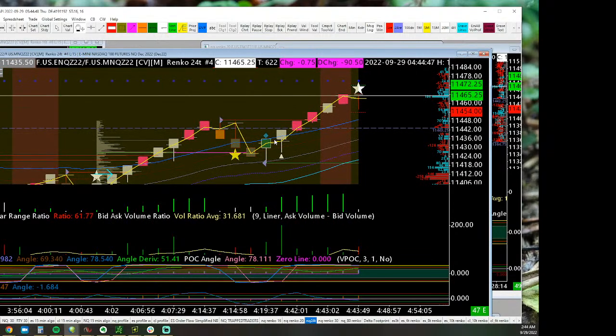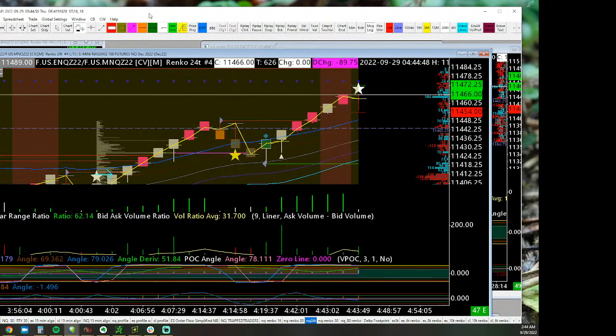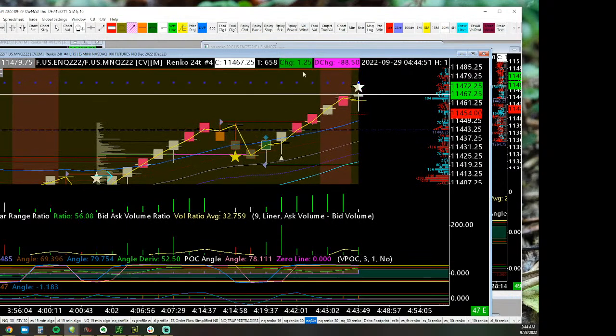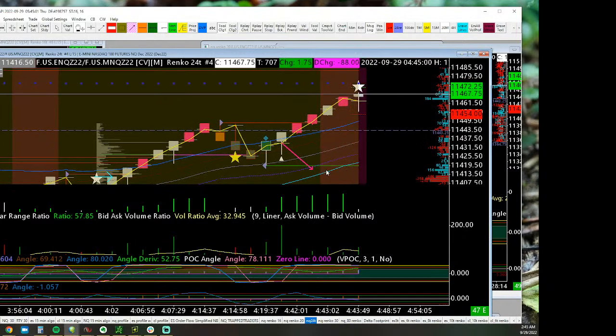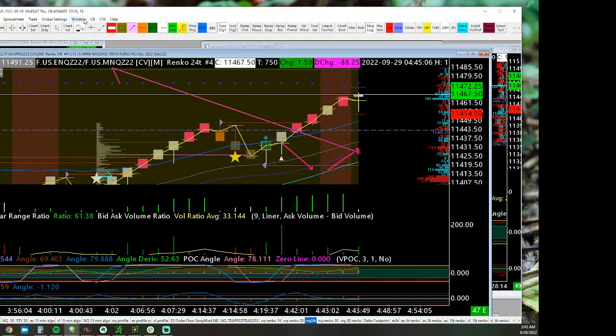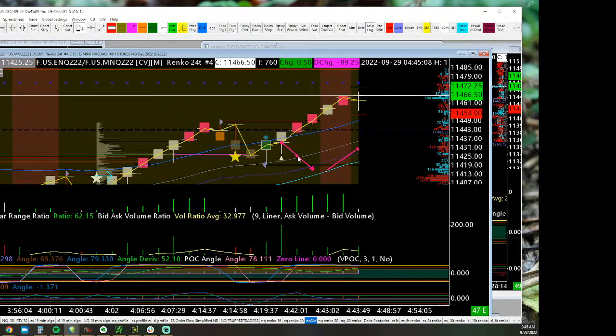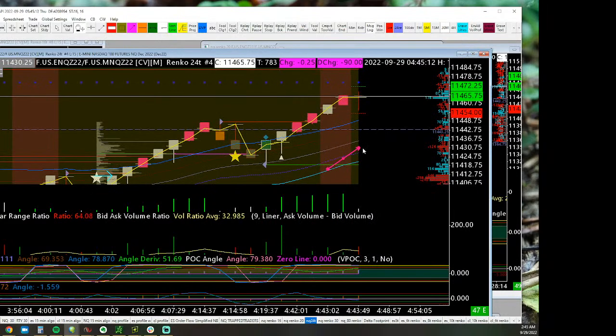But then you get in and it starts to struggle here, and you have no idea how often it breaks out or how often it comes back and traps under and bounces again. And so then it goes under and it bounces and it drops and you end up buying here and getting stopped out, buying here and getting stopped out. And then you don't even know, should I be selling now? If there's not a system to it, you don't know what to do when it doesn't work.